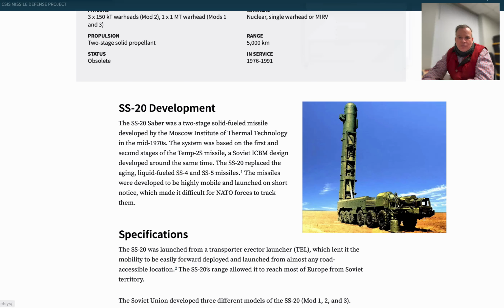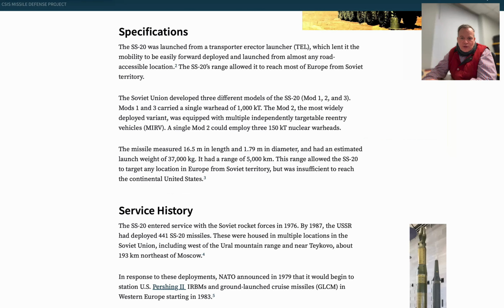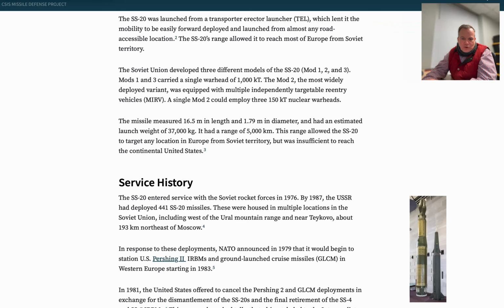Now the Oreshnik has apparently been developed out of the SS-20, and the SS-20 was the ICBM that was eliminated from the Soviet arsenal in, what year was that?